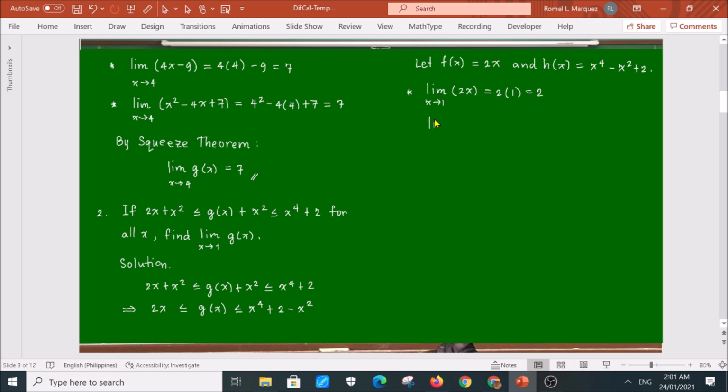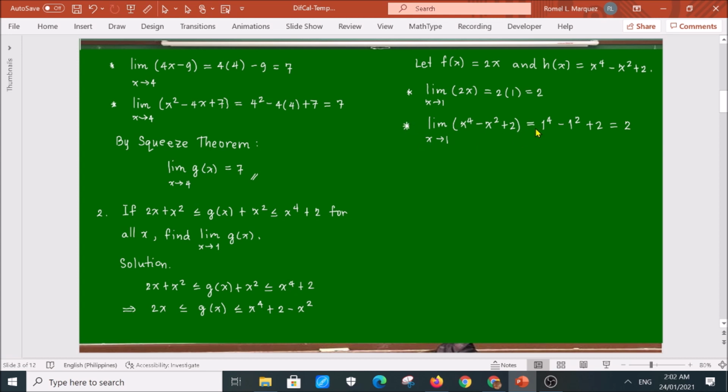For the limit of h of x, x to the fourth minus x squared plus 2, as x approaches 1, this is equal to 1 to the fourth minus 1 squared plus 2. Simplifying, this gives us 2.